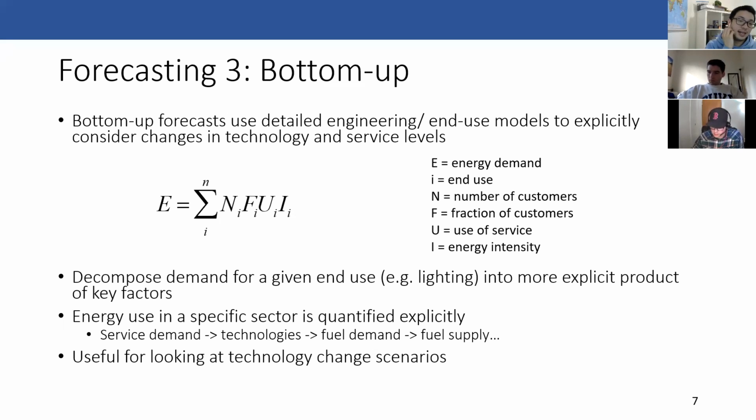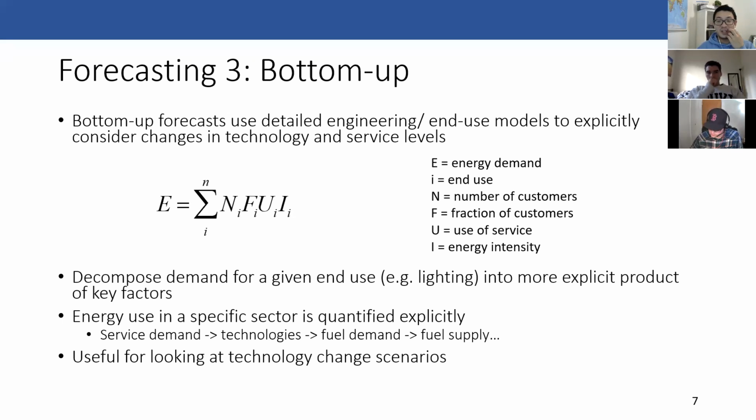So you may have a specific end use, and then the number of people, the fraction of those people who actually use that particular end use, how much it gets used, and then the energy intensity.